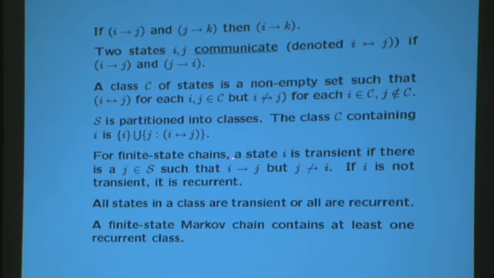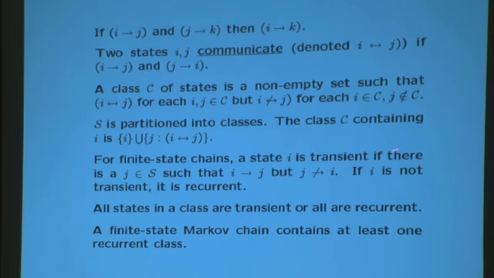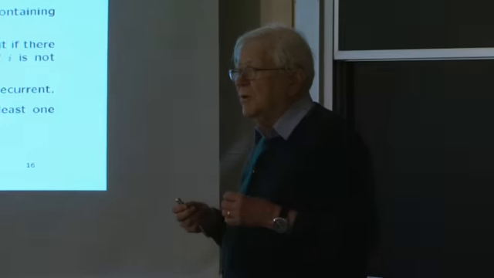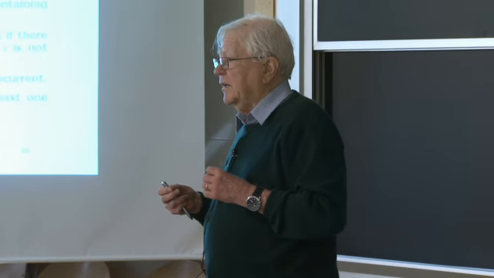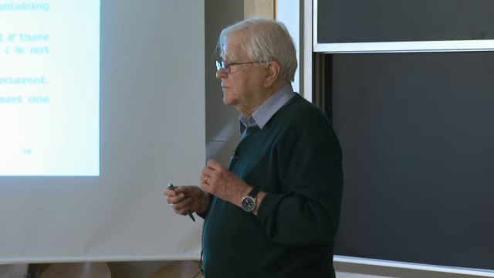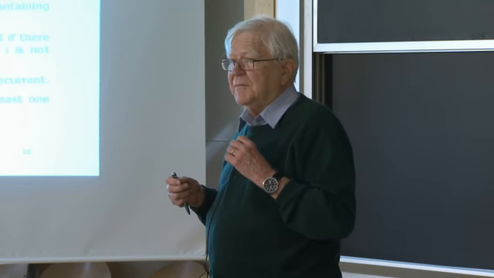For finite state chains, a state I is transient if there's a J in S such that I goes into J, but J does not go into I. In other words, if I'm a state I and I can get to you, but you can't get back to me, then I'm transient.